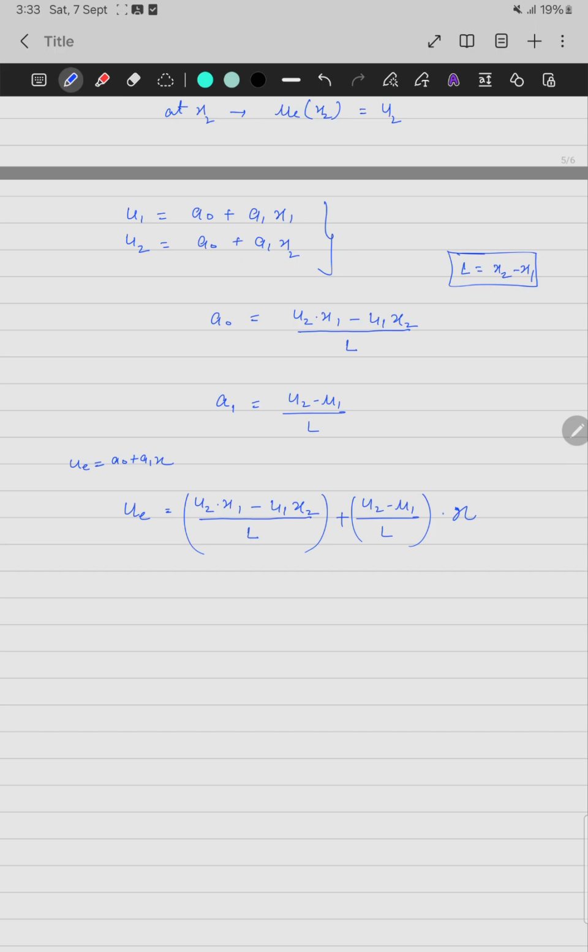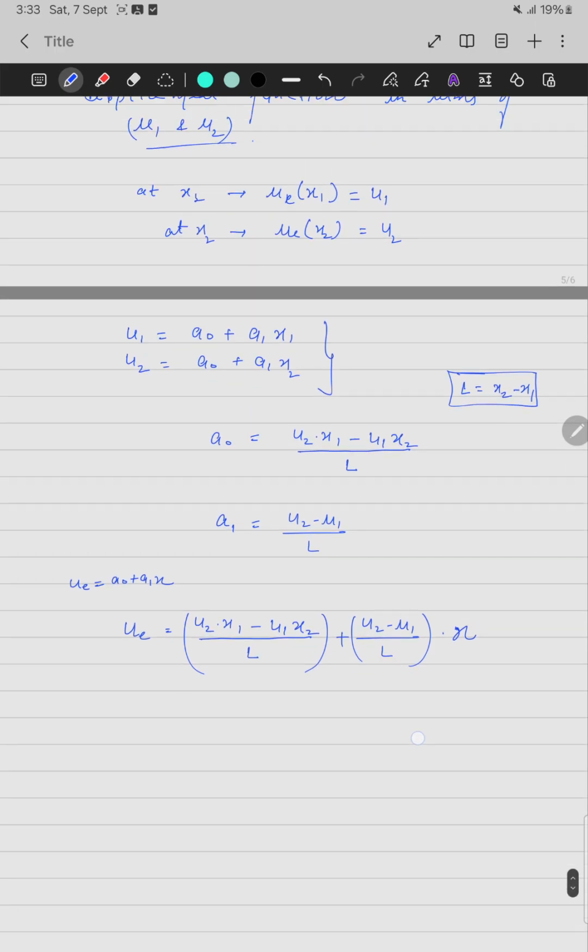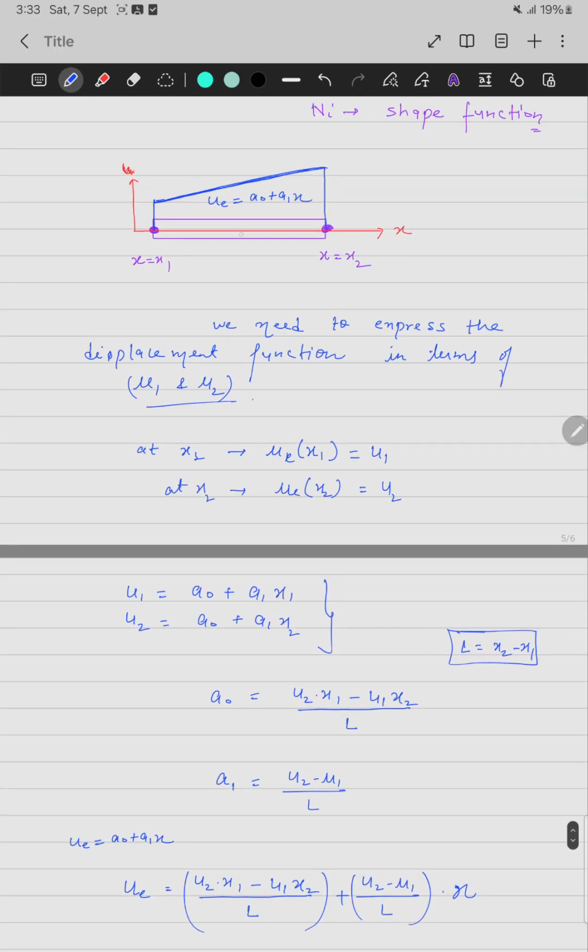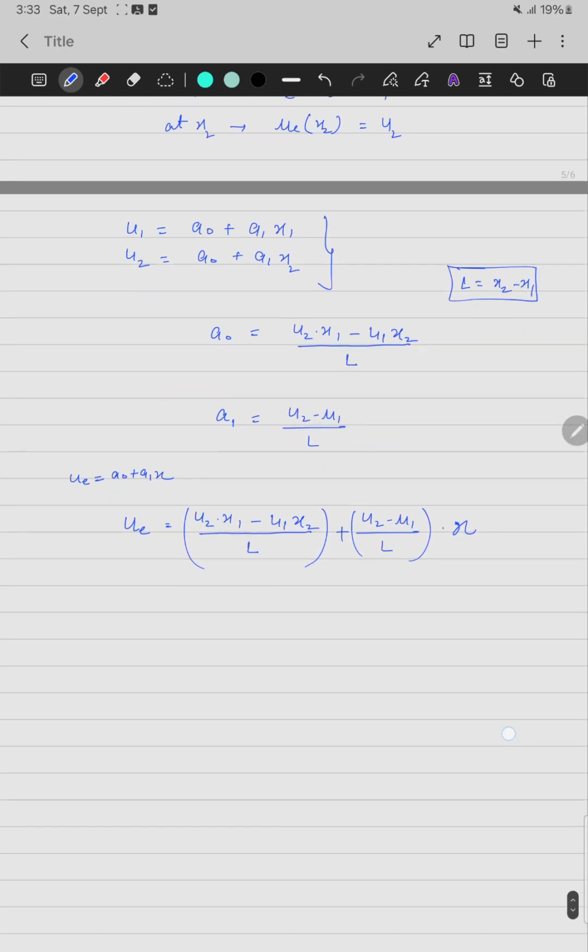Since what was our target? Our target was to convert this general displacement equation in terms of nodal displacement.